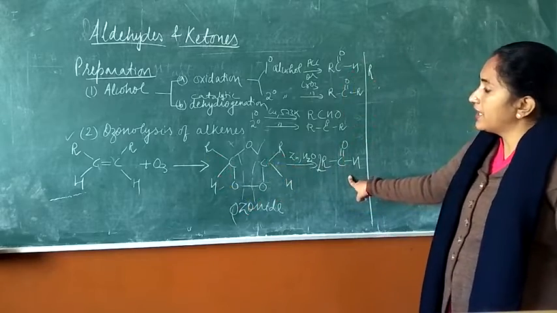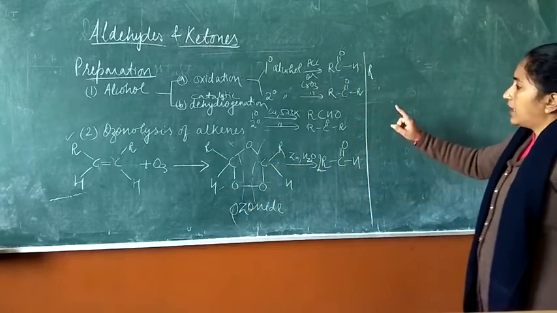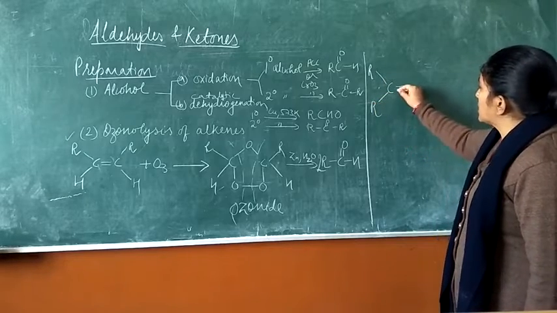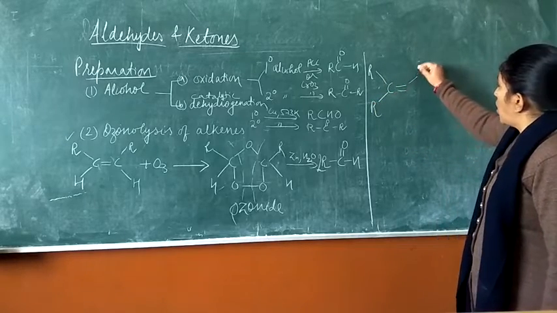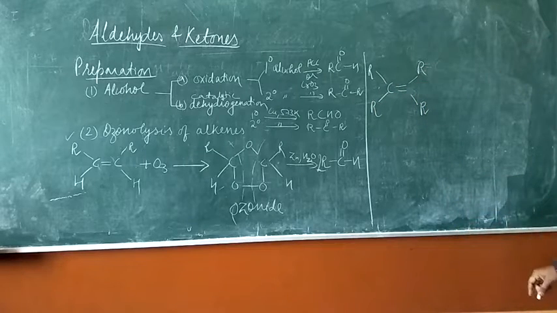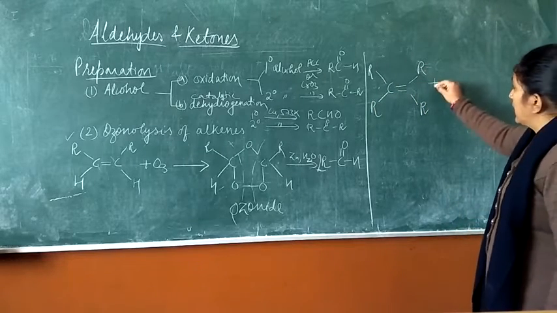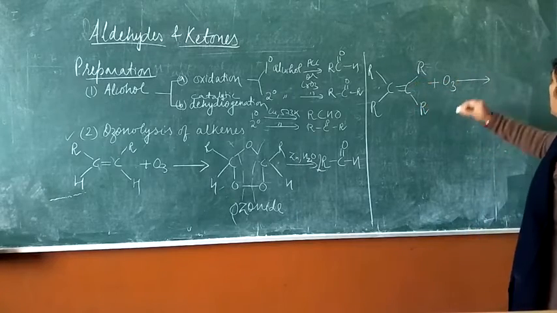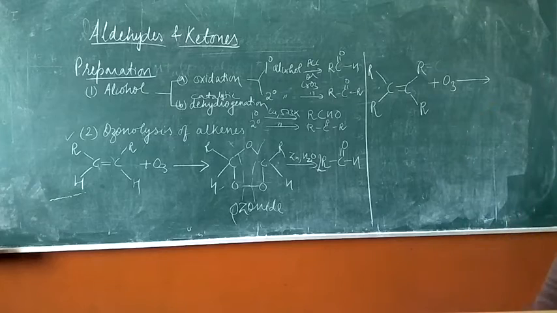We are getting aldehyde. And if across the unsaturation, students, all the groups are alkyl groups and there is no hydrogen atom, then it goes in this way.